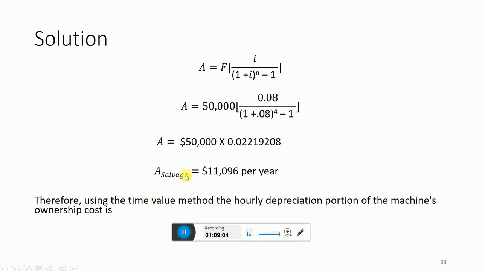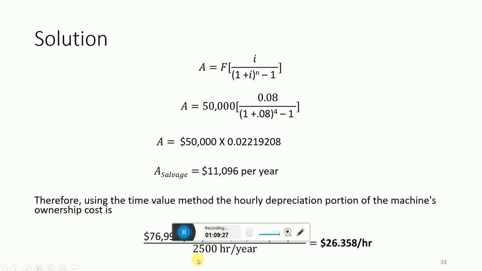However, the salvage value would be positive as it is the cash inflow. So using the time value method, the hourly depreciation of the machine we can calculate by this formula. We just have to subtract both and divide by 2500, or we can put the negative sign here and positive sign with the salvage value.